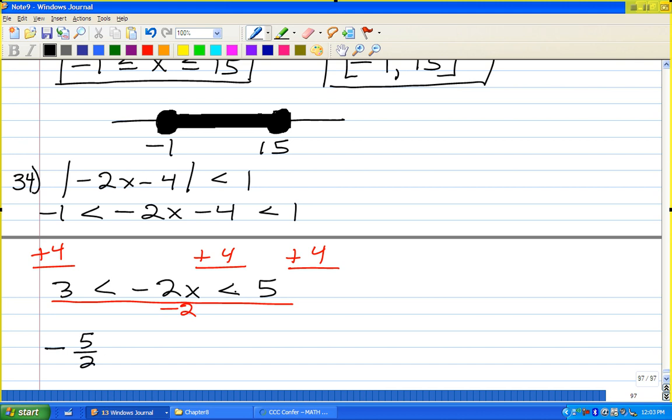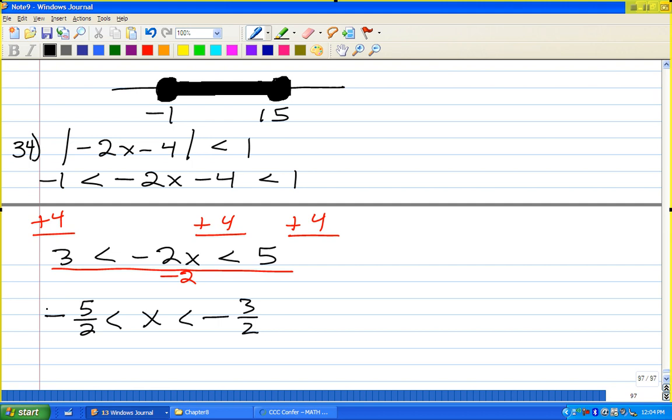The less than moves from here over to here. The negative 2x divided by negative 2 is just x. The inequality moves, so that's a less than. 3 divided by negative 2 is a negative 3 halves.